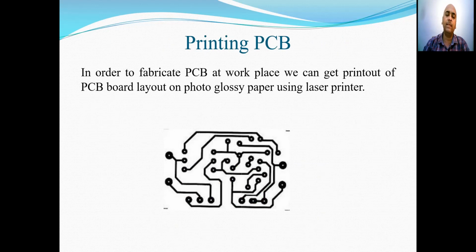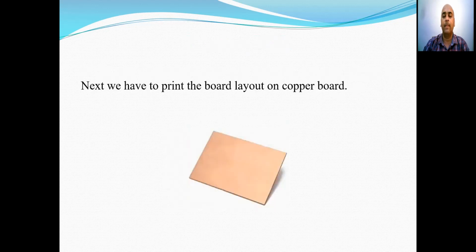So next step is printing the PCB. In order to fabricate PCB at workplace, we can get a printout of PCB board layout designed using CAD tool on a photoglossy paper using laser printer.